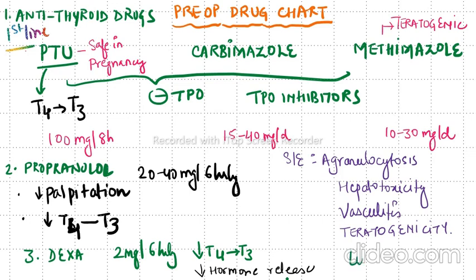Earlier they used Lugol's iodine also, but nowadays it is not practiced. Okay, so the main drugs that we need to remember are propylthiouracil, carbimazole, methimazole, propranolol, dexamethasone, and for completion, Lugol.